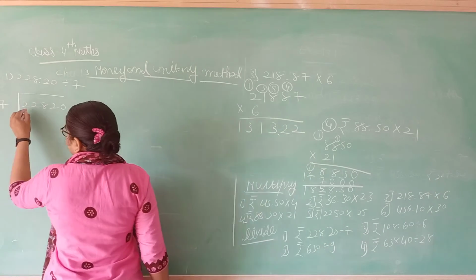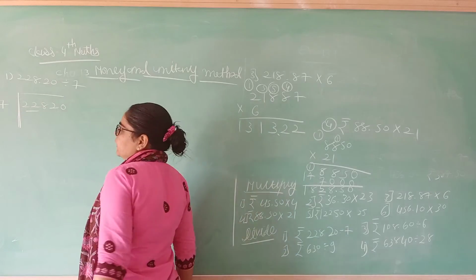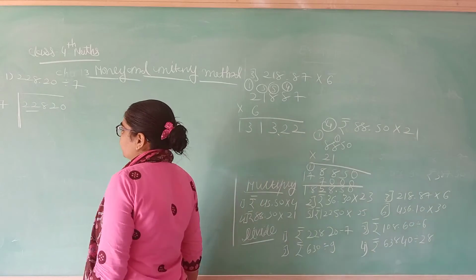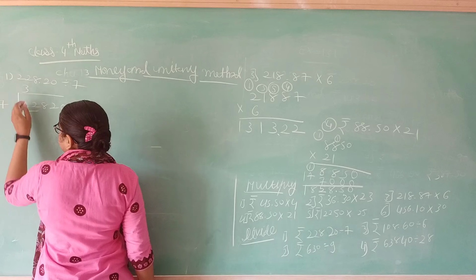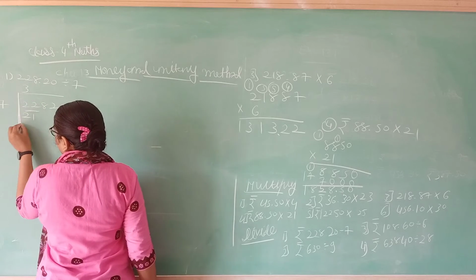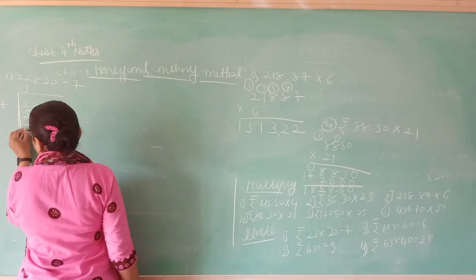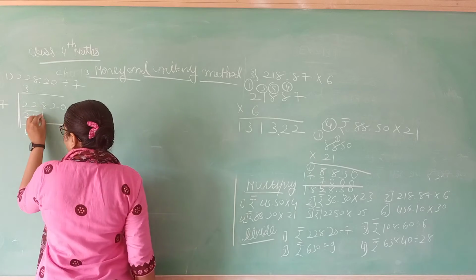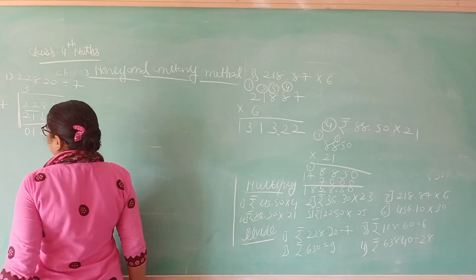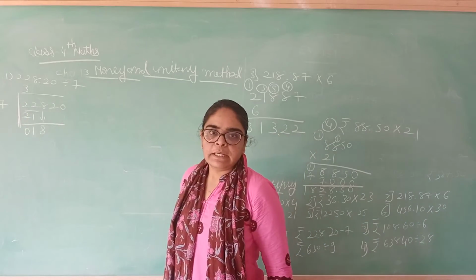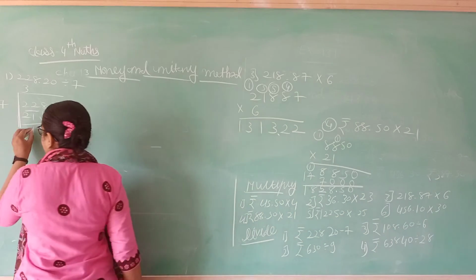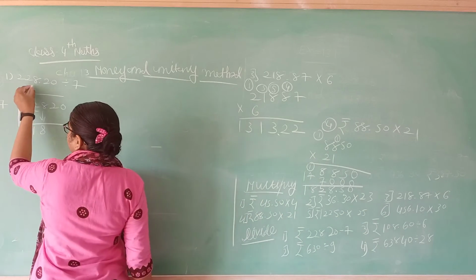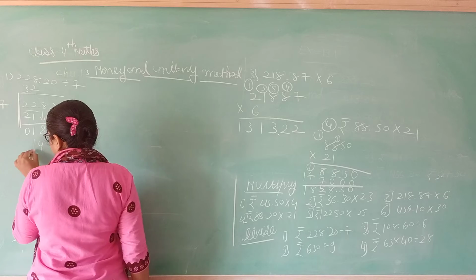Say the 7 table till we get 22, but not possible. So 7 3s are 21. 22 minus 21 is 1, 2 minus 2 is 0. Then bring down 8. Say the 7 table till we get 18, but not possible. 7 2s are 14.